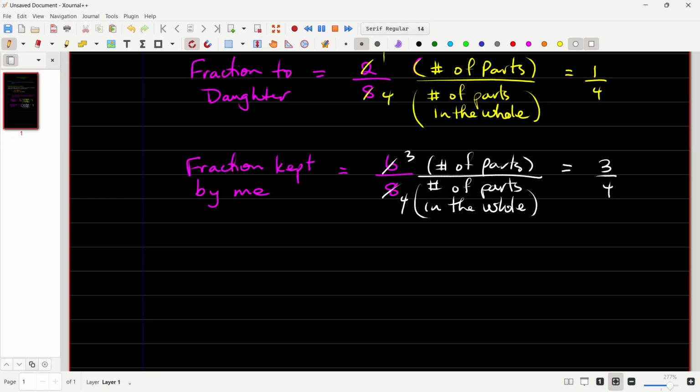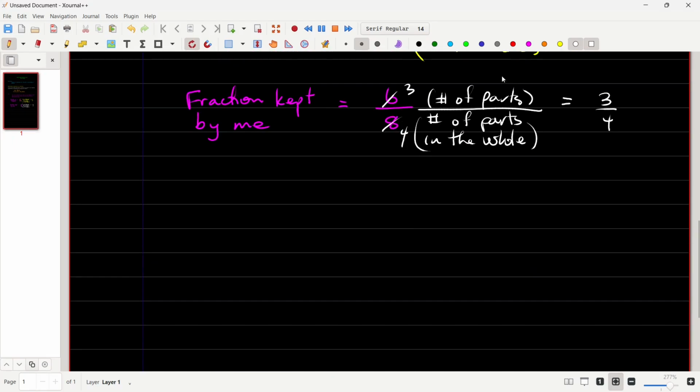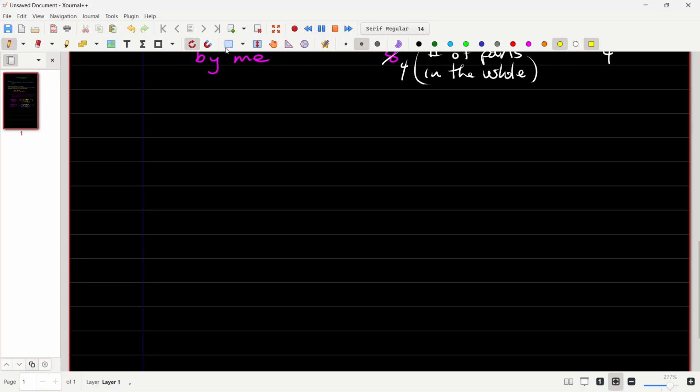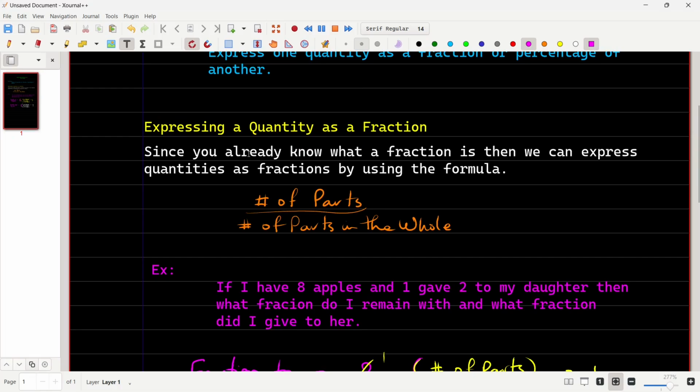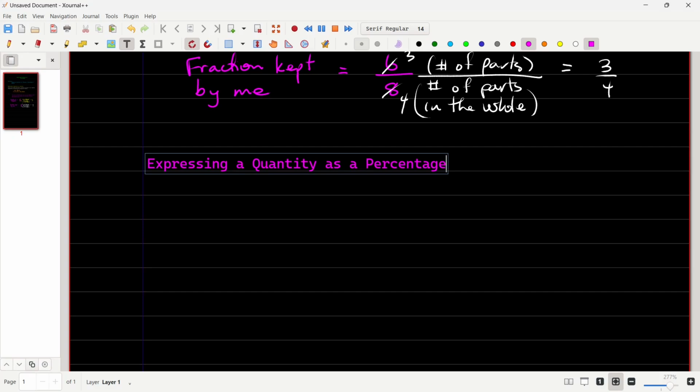Okay, next what we're going to do is we're going to learn how to express a quantity as a percentage. So let me just use yellow here. So let's say expressing a quantity as a percentage.